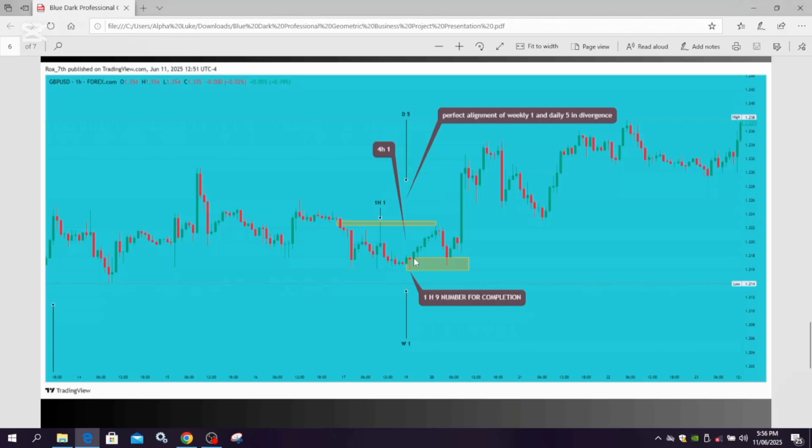Now count: 1 2 3 4 5 6 7 8 9 10. Notice how that 10 ends around here. Pay keen attention to what I'm doing. Notice I did not start from the red candle.